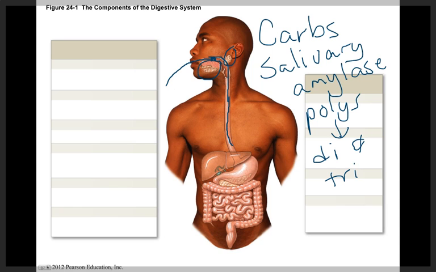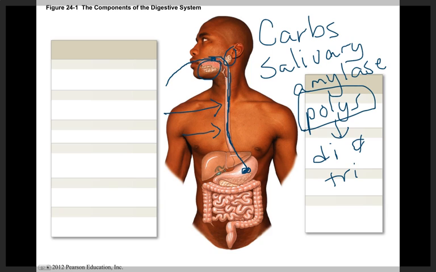Now the esophagus is just a tube where no secretions occur and no absorption occurs, but it is a tube where the digestion of these polysaccharides can continue. And so that's what happens. These polysaccharides continue to get digested as you're swallowing, and then they get down into the stomach area.